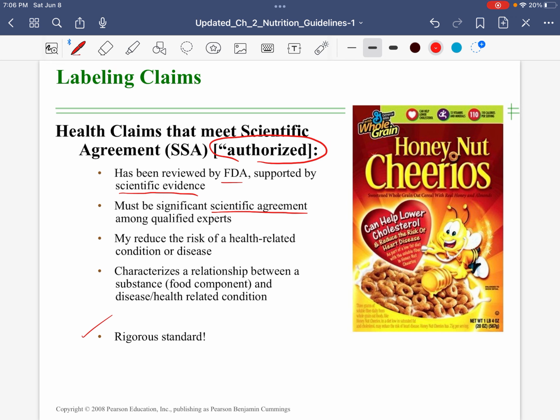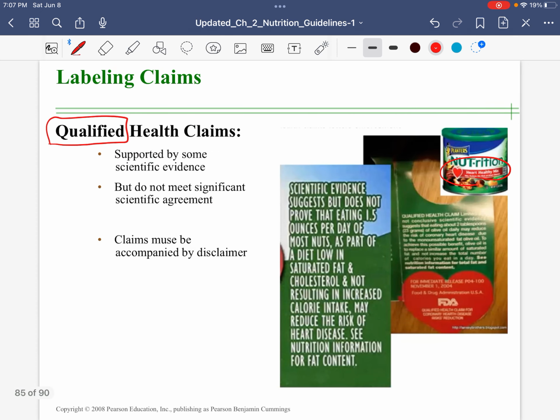In order for this company to say that, they had to meet this scientific evidence. This is a good thing. So not every food can just say, good for your heart, strengthens bones, improves brain function. An authorized health claim has to meet a rigorous standard. On the other hand, a qualified health claim is meh.